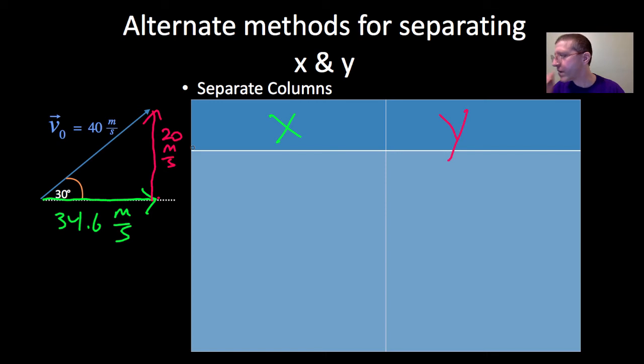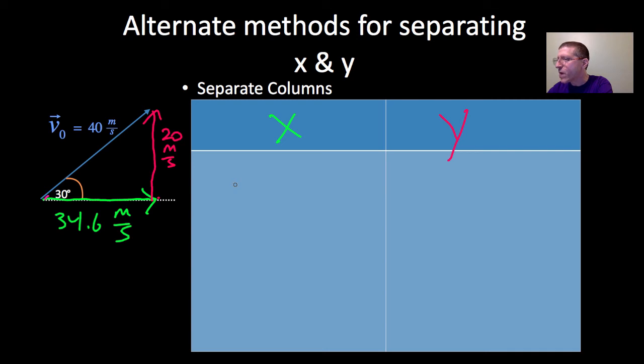Now I'm going to handle this just like a projectile motion problem. An object starts on the ground. It is important to understand that we are not looking at the path of the particle. This is just the initial velocity. The path of the particle would be something like that, but we're not going to actually show that. We're just showing the initial velocity.